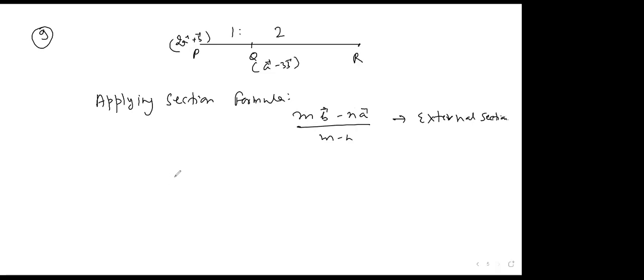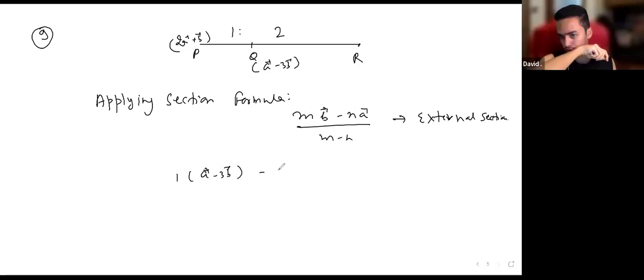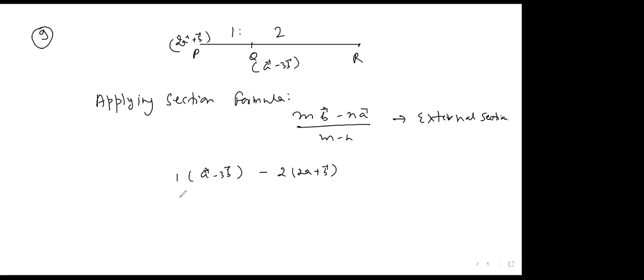So this will be 1 into (a minus 3b) minus 2 into (2a plus b), divided by 1 minus 2. This will be the position vector of R.